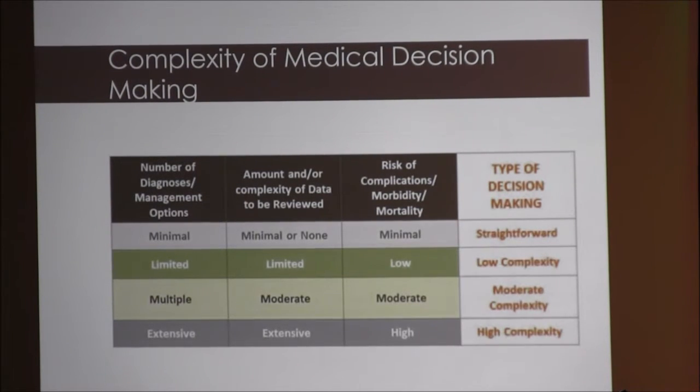I've seen a lot of EMRs now, if you put in a specific ICD code, it will auto-populate into your plan and your assessment that certain things were discussed, the risks, the benefits of a certain intervention, medications with pluses and minuses for what the benefits are and what the side effects are. So risk of complications, the amount of data that you review, and the number of diagnoses that you put into your diagnosis.